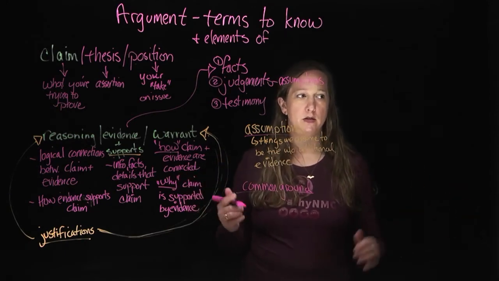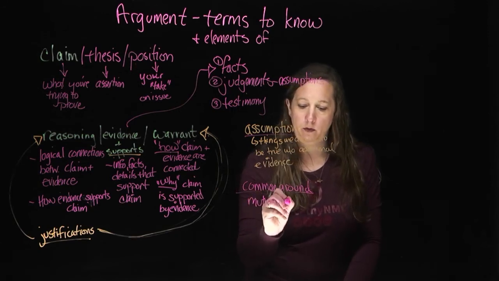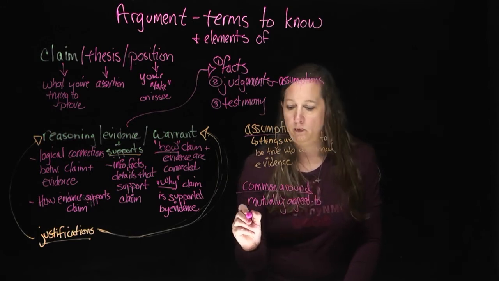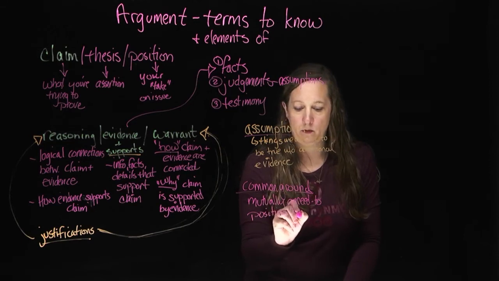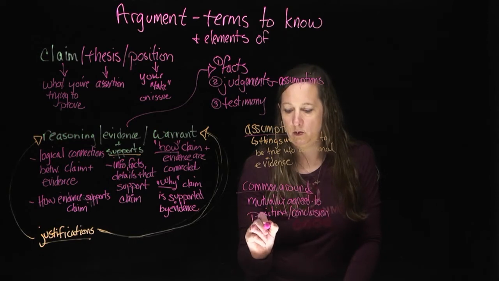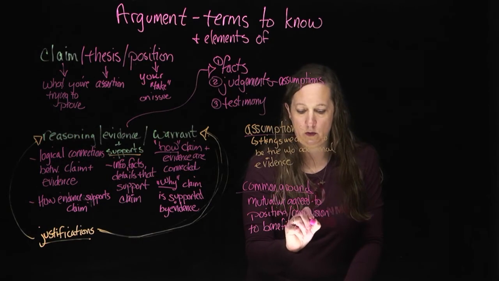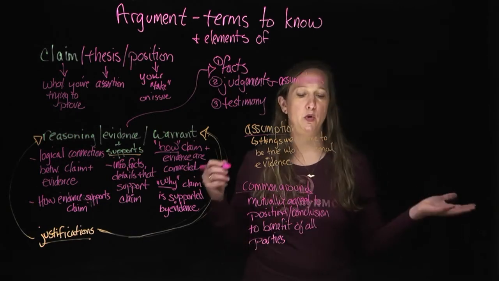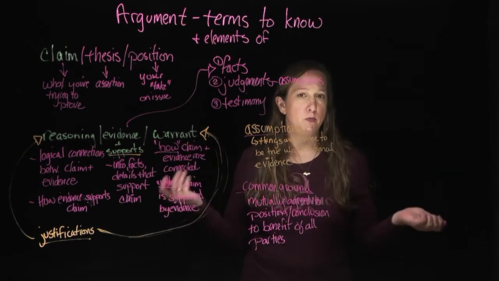We all can agree to this thing. So I've just put mutually agreed to position or conclusion for the benefit of all parties. So common ground is what you can all agree on.